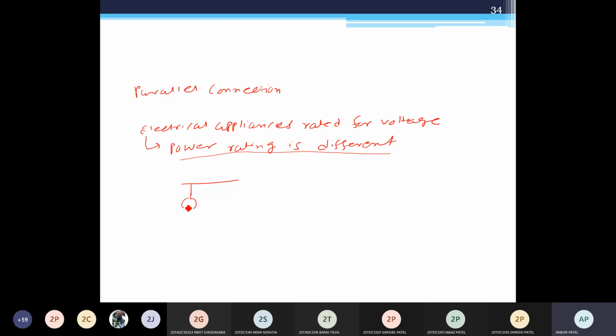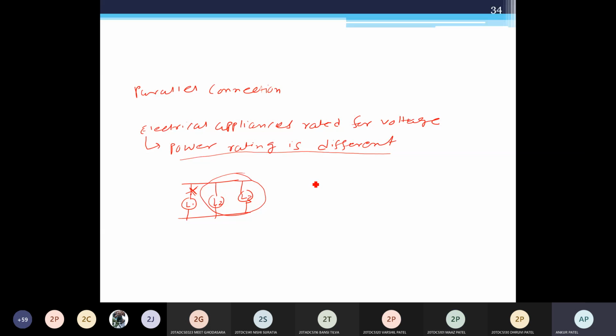Suppose this is our first lamp, this is our second lamp, this is our third lamp. If a failure occurs in any branch, it will have no effect on the other branches of the circuit. So this is the main advantage of parallel connections.